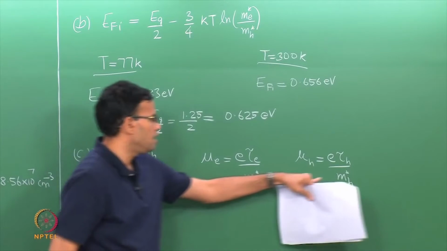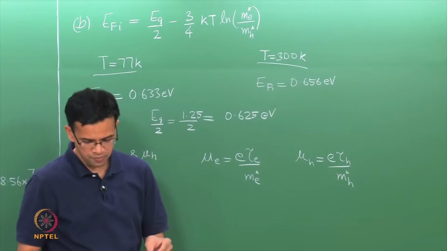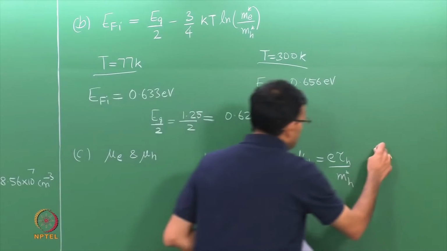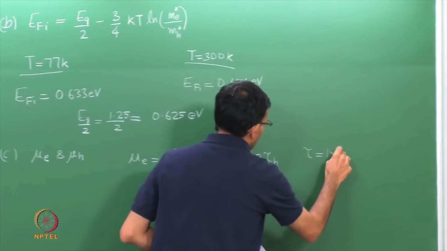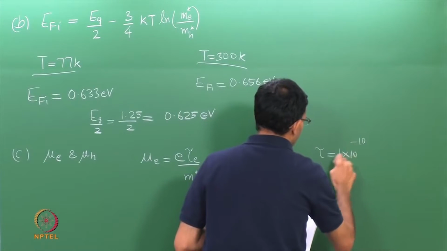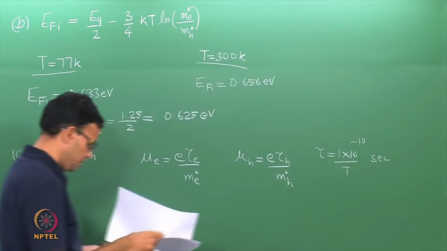So, Me star and Mh star are given, tau E and tau H are your scattering times, and we have said that tau is nothing but 1 times 10 to the minus 10 over temperature, and the unit is seconds.